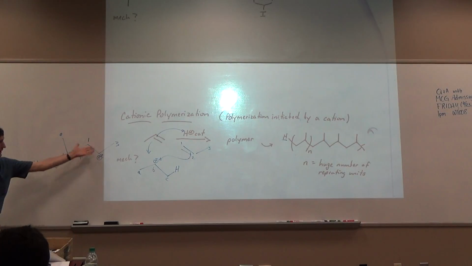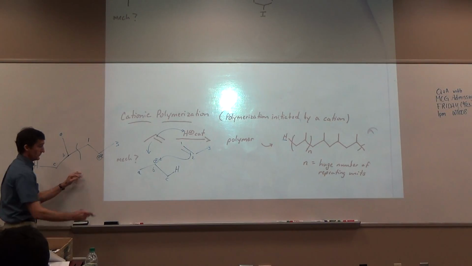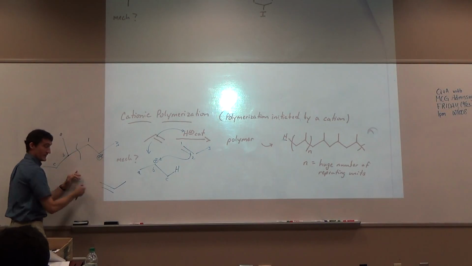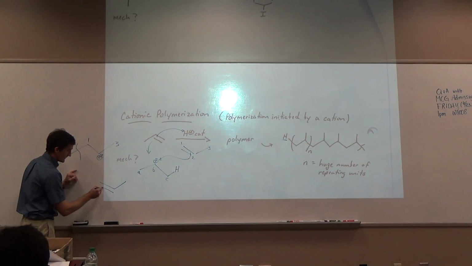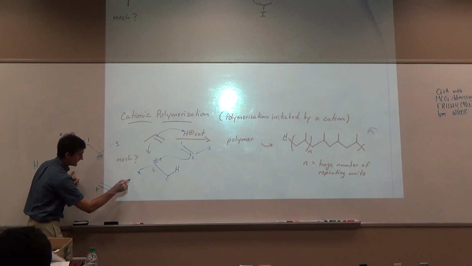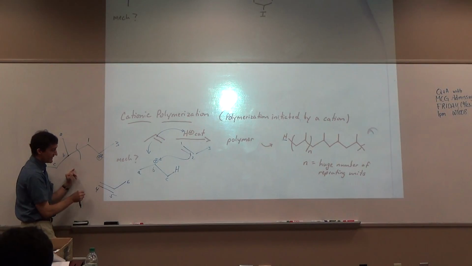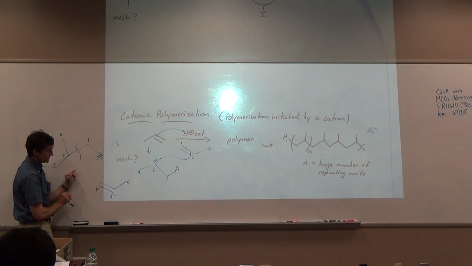Okay. Now we got a new cation. What can attack it? Well, another alkene. Where do you want to leave the cation when this attacks? Let's call it 4, 5, and 6. Which atom do you want to leave the cation on the alkene? 5. Which atom is going to be bonded to 2?